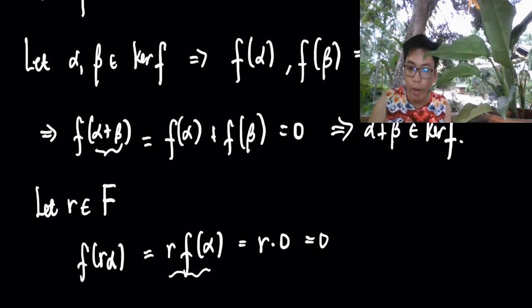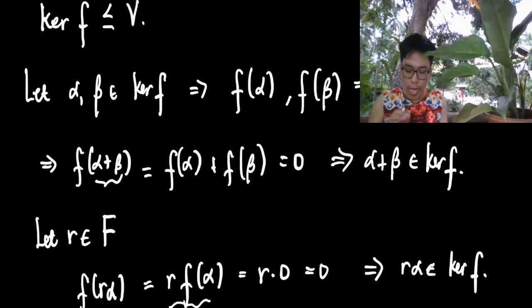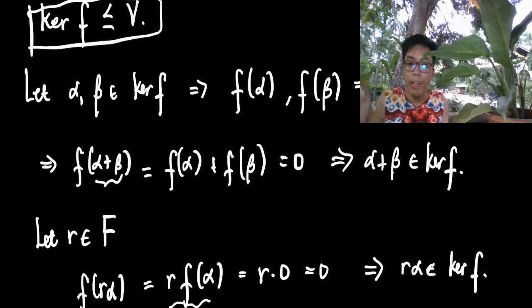Meaning that r times alpha is an element of the kernel of F. So we have now satisfied the conditions for the subspace test. Therefore, the kernel of F is a subspace of the vector space V.